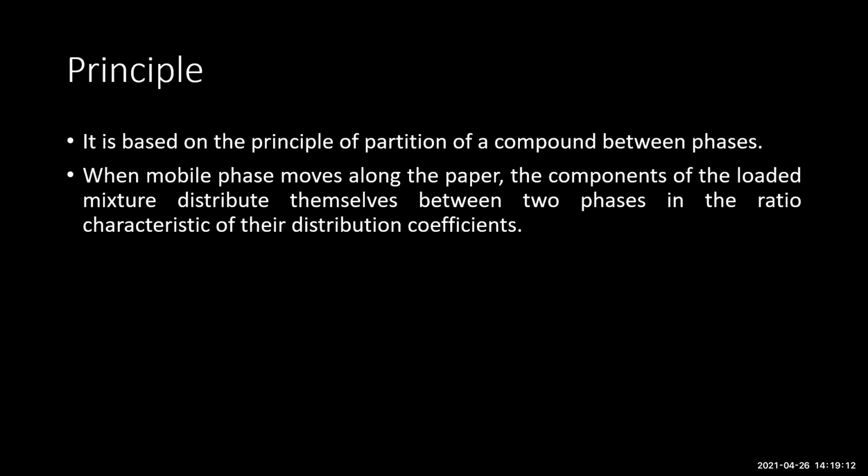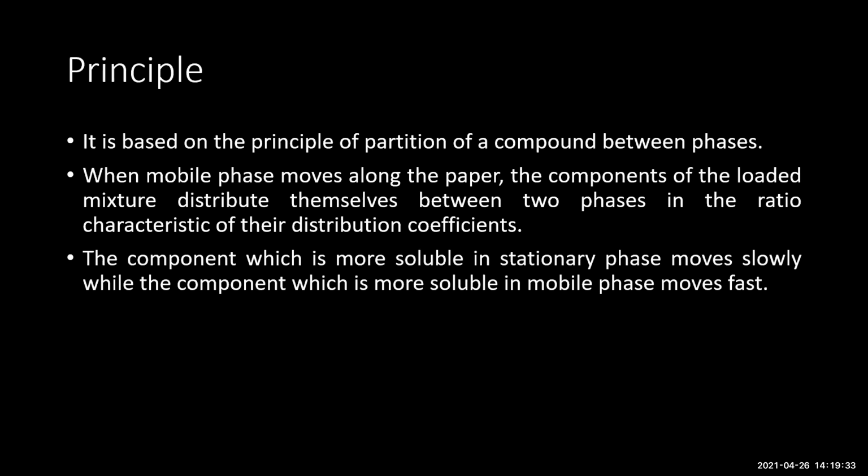Okay, so this distribution depends on the ratio characteristic of their distribution coefficient. I told you what is distribution coefficient, I'll see it later. So based on the distribution coefficient, the components present in the sample, which is loaded onto the mobile phase, will distribute themselves between the two phases. Okay, so how does it distribute itself? It depends on the distribution coefficient. The component which is more soluble in the stationary phase will move slowly, while the component which is more soluble in the mobile phase will move fast.